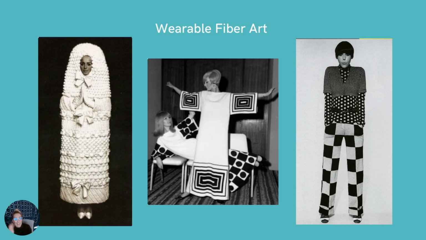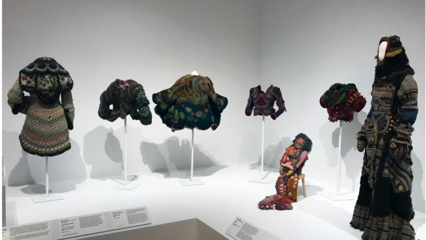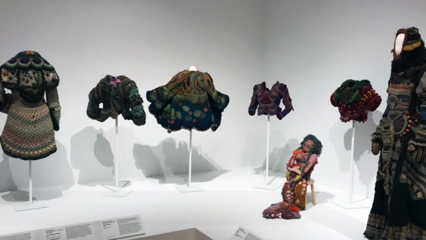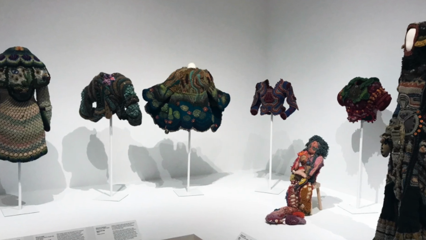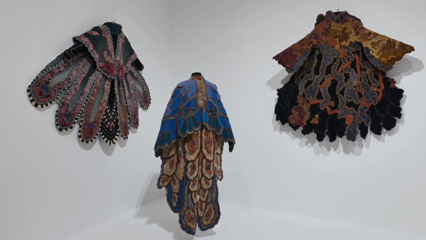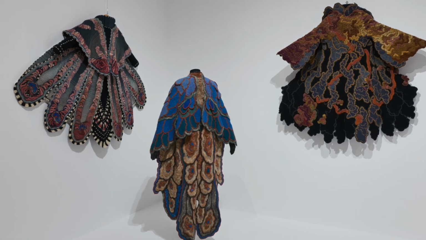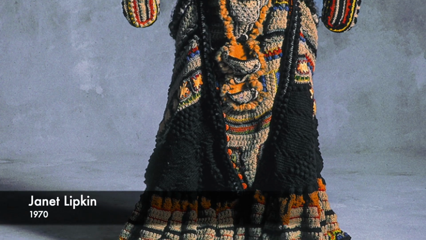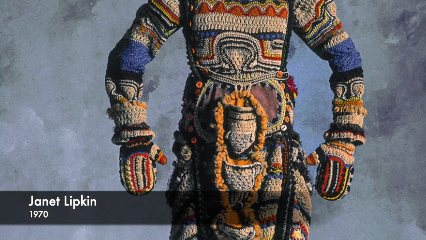In the 60s, this was called the art to wear movement, and it was really based and incorporated into knitting. And at the time, this wearable and fiber art movement really reflected the counterculture of the time. And artists were creating wearable fiber art pieces with finished fabrics, so finished wools or yarns, other materials, or just making them from a variety of different materials that would really create these unique individual pieces of work.